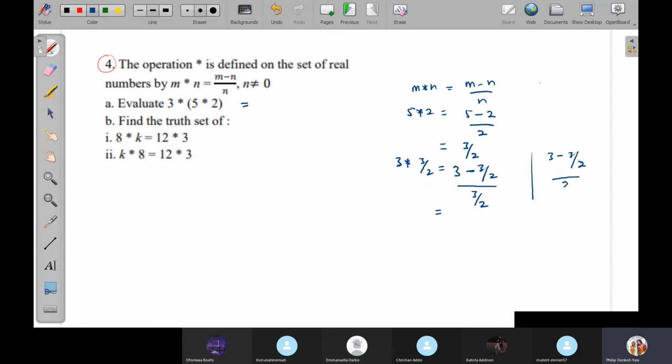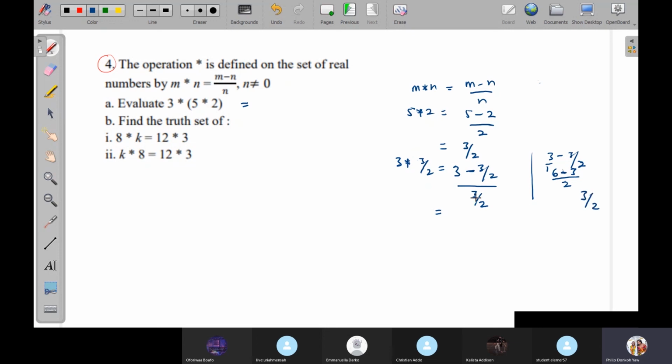This is over 1. So 1 goes into 2, 2 times 3, giving us 6, minus 2 goes into itself 1, multiplying 3, that will give us 3. So the final answer here is 3 on 2.